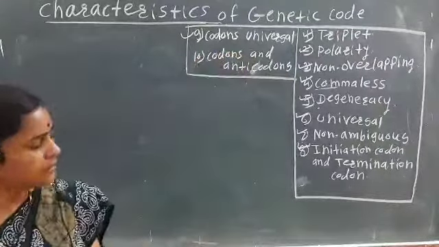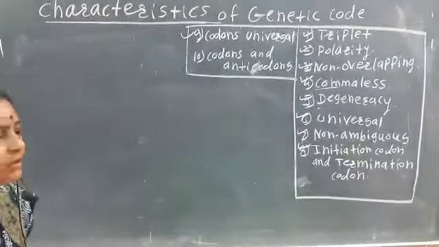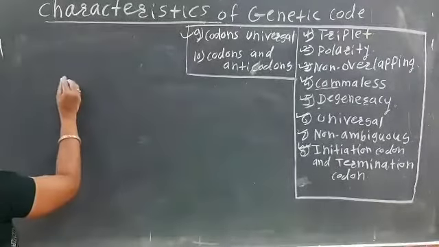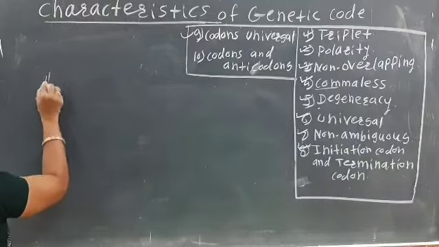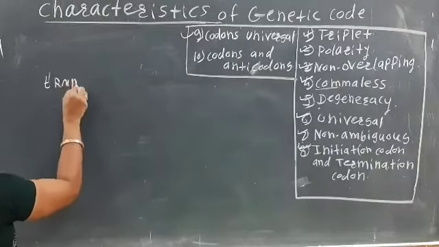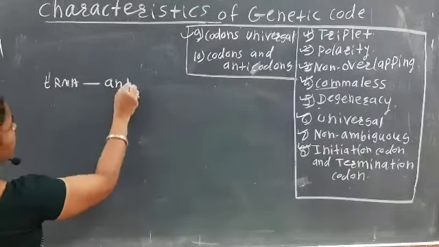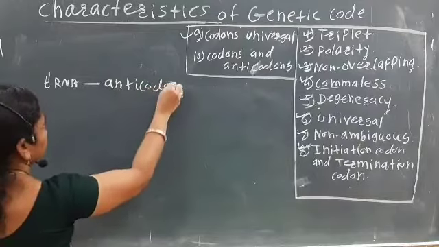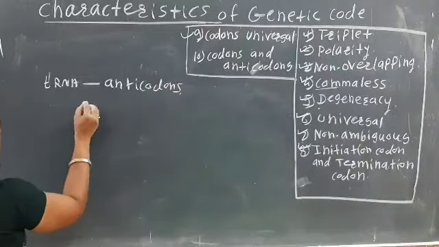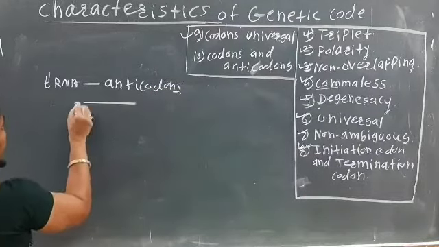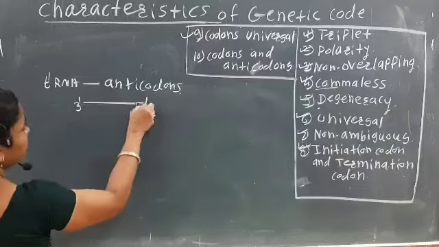And third, that is there are the codons and the anticodons. That is here we have seen already, that is on the tRNA. If we see the tRNA, on the tRNA there are the anticodons. So see, that is here the tRNA. It is read 3' end to the 5' end.